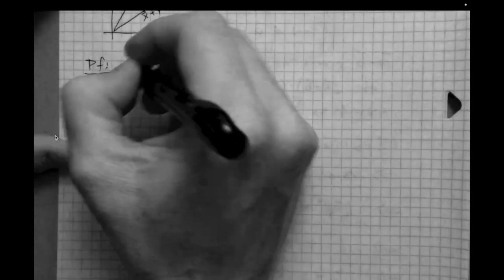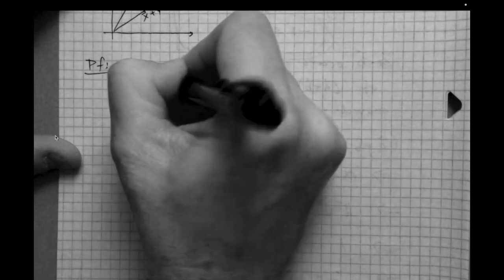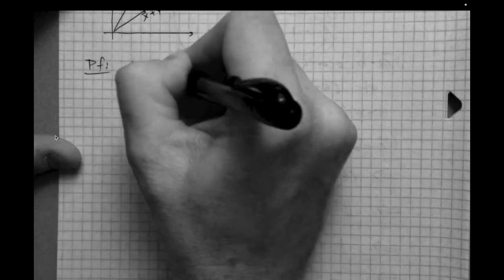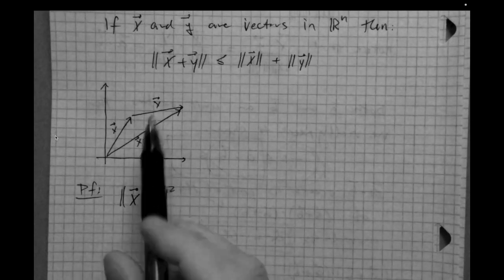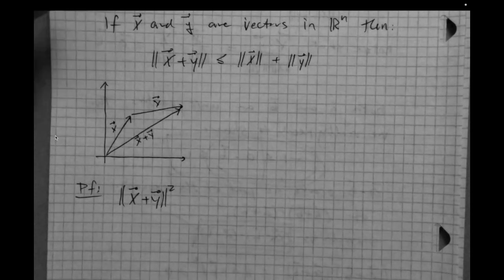For this proof, we're going to start with this guy, the norm of x plus y squared. Notice the result is not x plus y squared, but we're going to start with this for our proof.